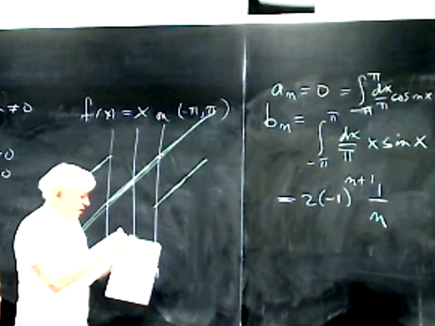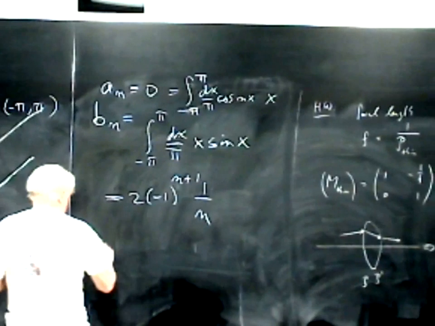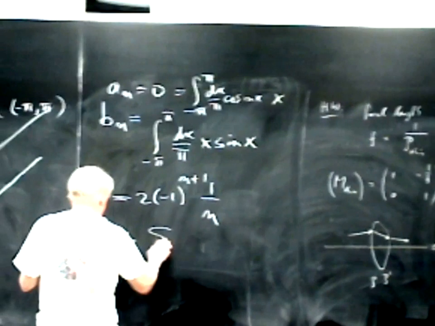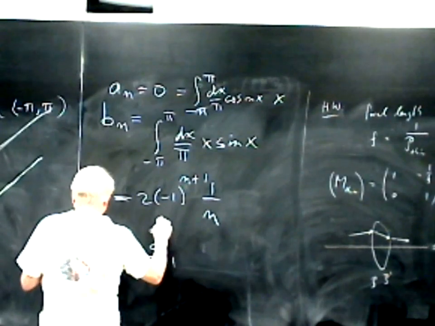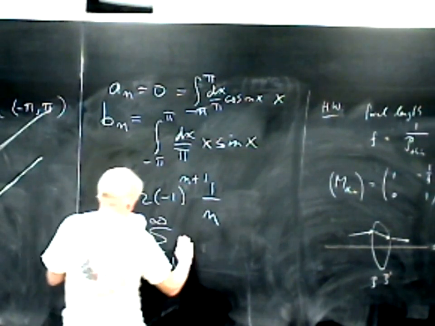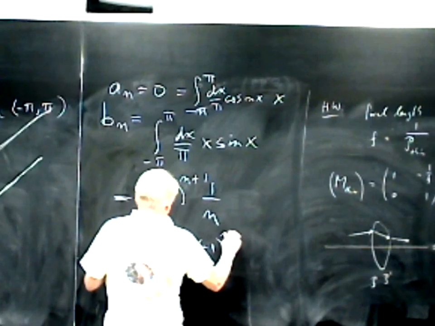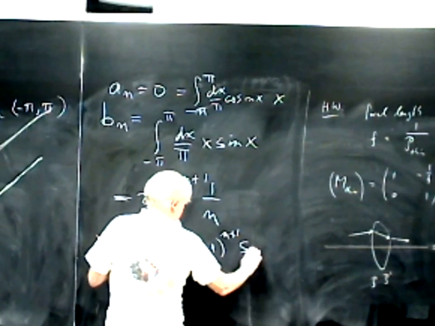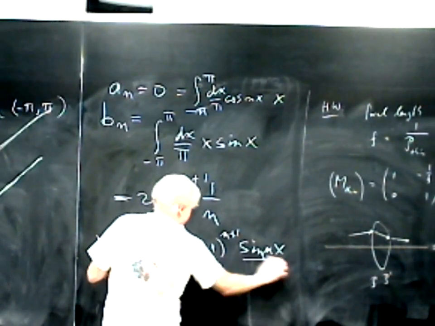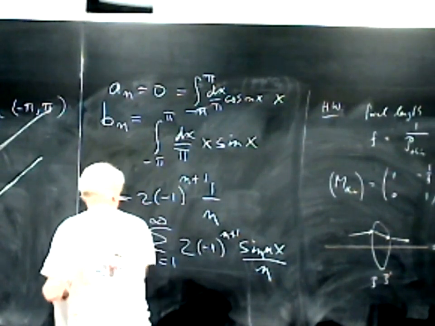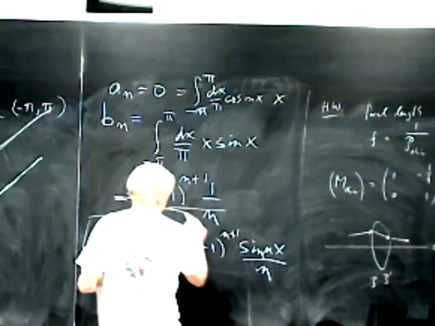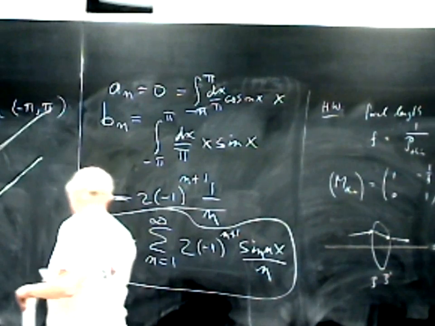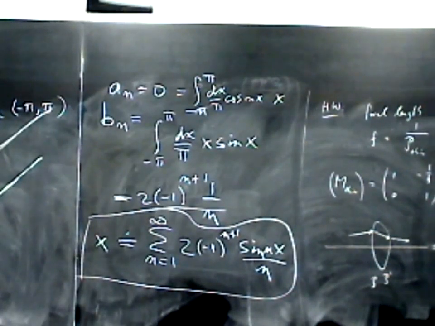And so what we have then is a series. x is approximately represented by the sum n equals 1 to infinity of 2 times minus 1 to the n plus 1, sine nx over n. So this is our function. Now let's look at what the curves actually turned out to be.